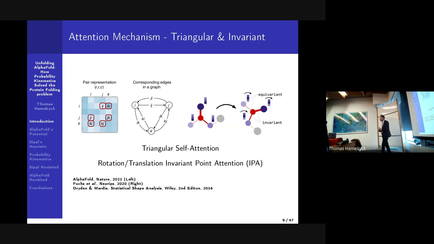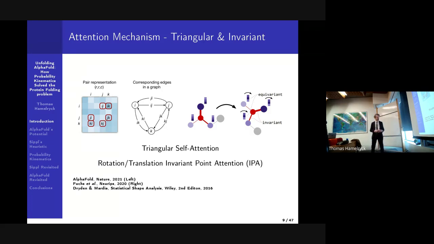That turned out to be a very good idea. This was called triangular self-attention. And on top of that, there was also an attention mechanism that worked not on sequences or symbols, but on 3D coordinates, called invariant point attention, IPA. That basically made the attention mechanism rotation and translation invariant, and made it possible to work on 3D structure.